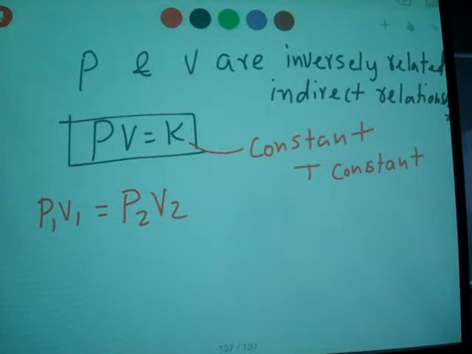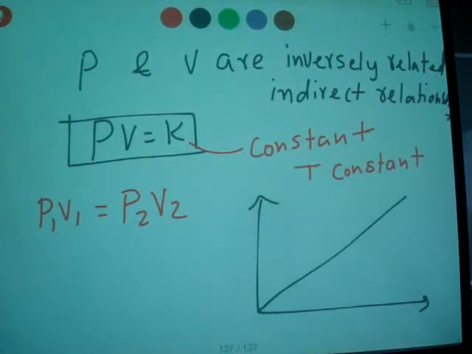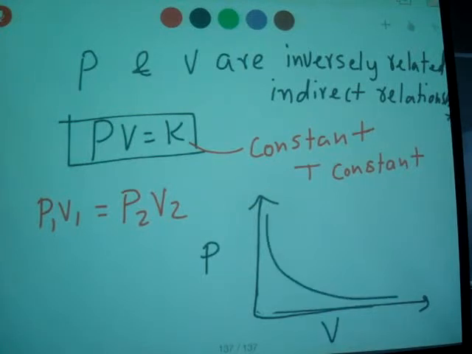And then when he plotted it graphically, usually whenever there is a direct relationship, it gives a straight line between two variables. But when there is an inverse relationship, what kind of graph do you get? If it is pressure and volume, you get a kind of parabolic graph.